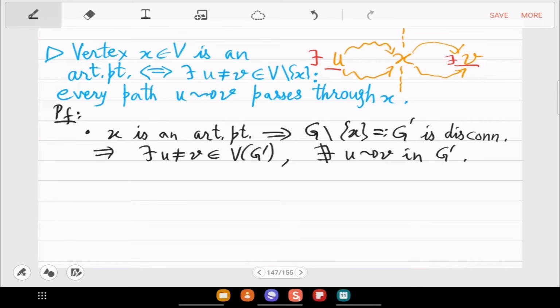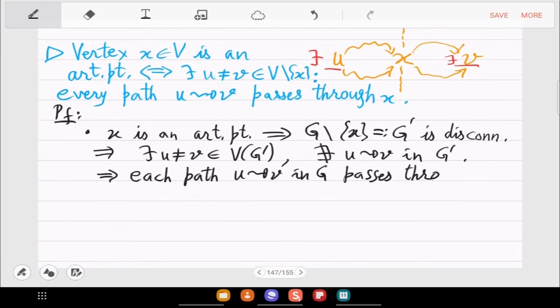Let's call them U and V. But you know that U and V were connected before in G. Since they were connected before and now they are disconnected, the only change that has happened is that X is absent. So every path must pass through X. That is the forward direction of the proof.